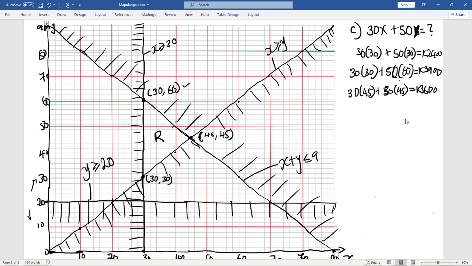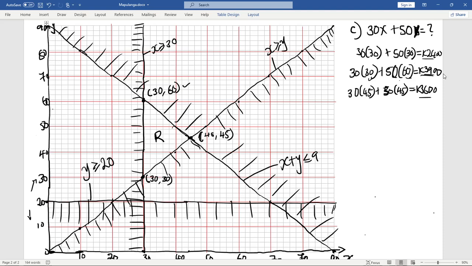So now, when you compare these values that you have there, you notice that you are getting the bigger value on 30 of type A and 60 of type B, giving us the maximum profit, which is 3,900.